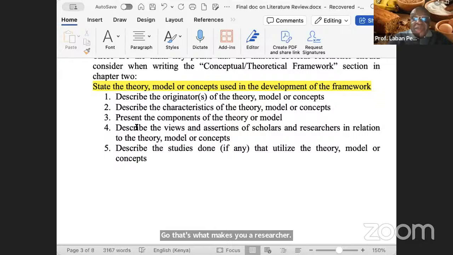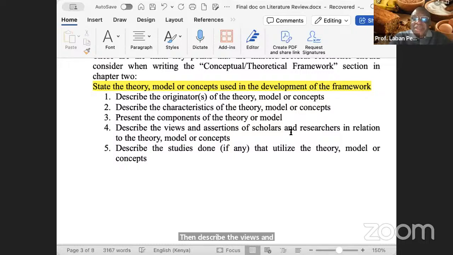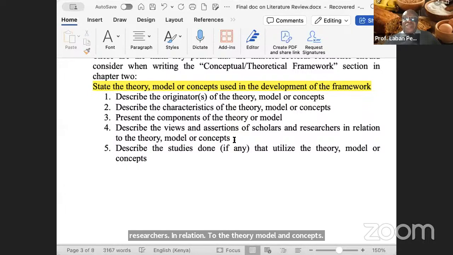Look, when you present the components of the theory, then describe the views and assertions of scholars and researchers in relation to the theory, model, and concepts. You will not be talking about just researchers and scholars. You'll also be talking about your study and how it fits in.